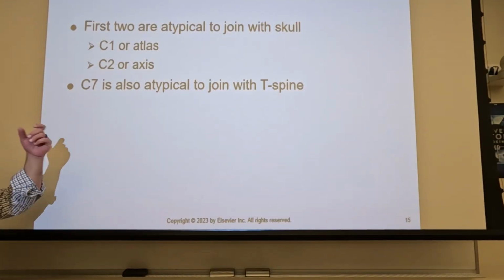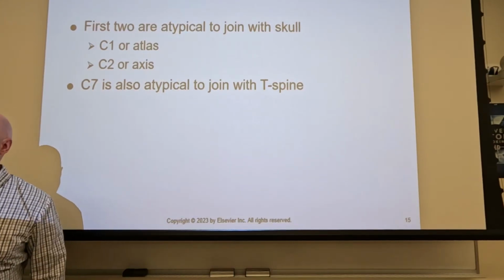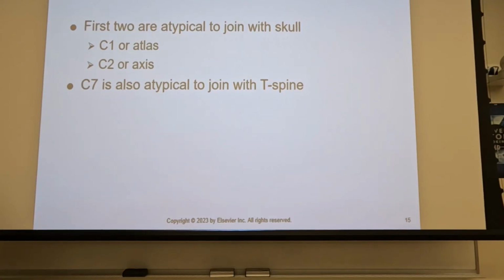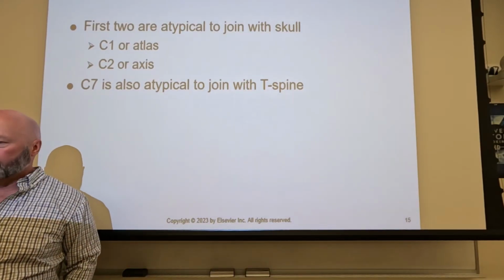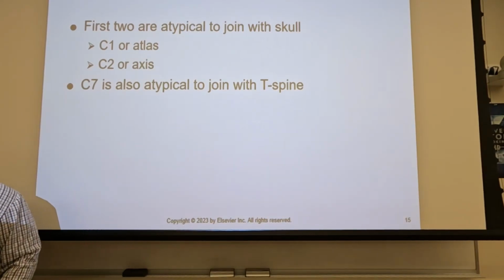And then directly under that, we've got what we refer to as the axis, that's C2, okay? So C2 has a very large body, and on that body, it's got this thing that sticks up. The book describes it as a tooth-like projection off the anterior portion of C2. So the body sticks up through C1, okay?